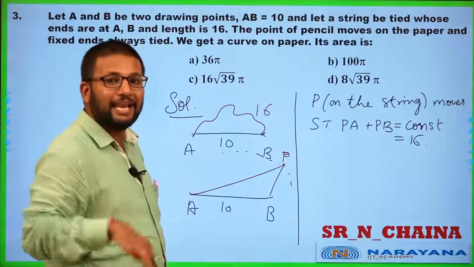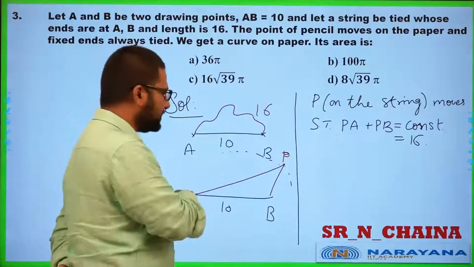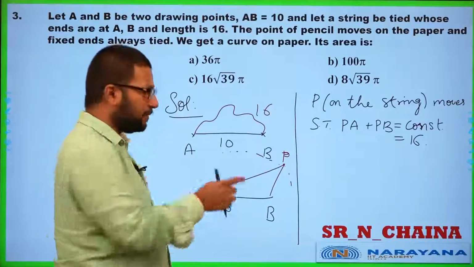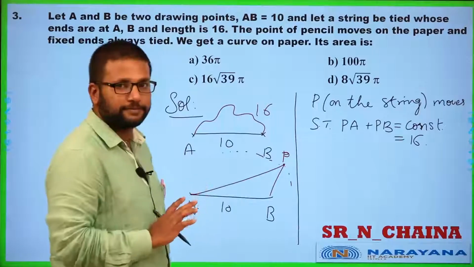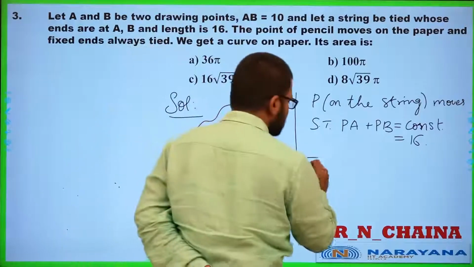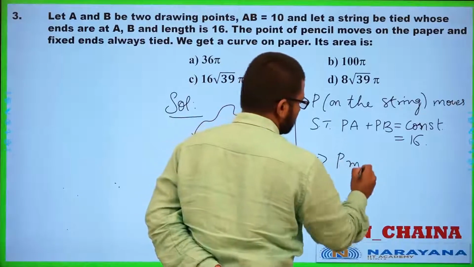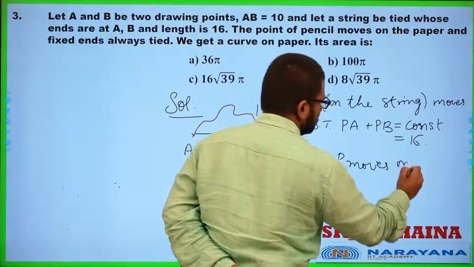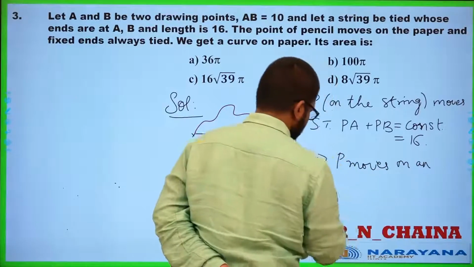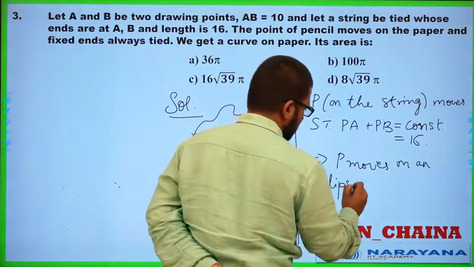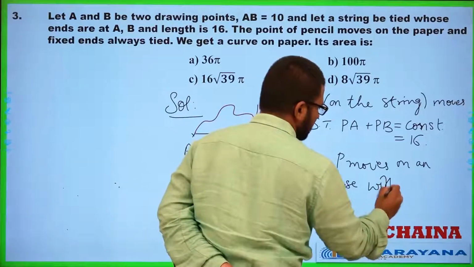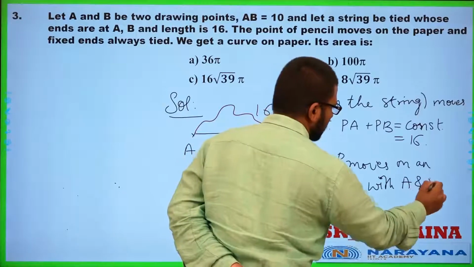It has to be an ellipse, right? Because P is moving such that the sum of its distances from two fixed points is constant, right? Which means P moves on an ellipse with A and B as foci.